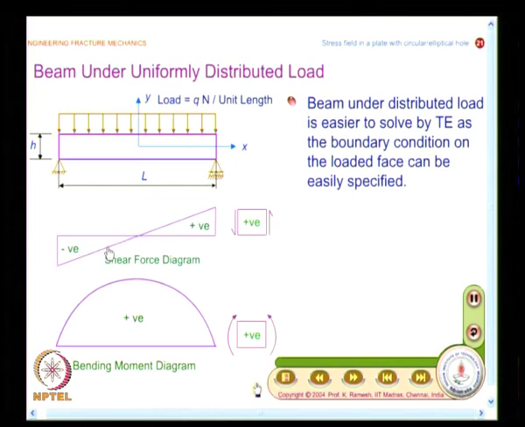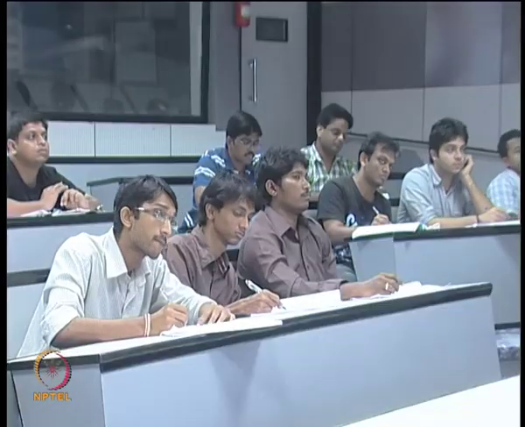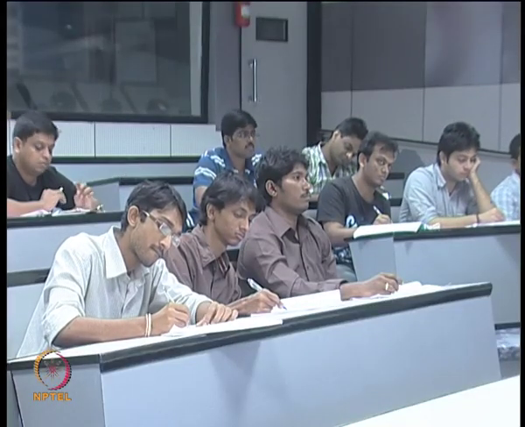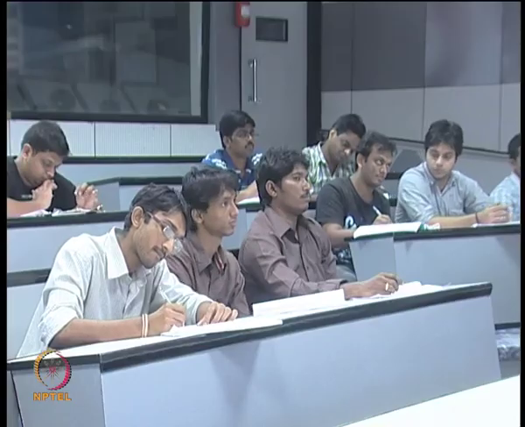It is not remaining constant. When shear varies along the length of the beam, your flexure formula is no longer valid. Flexure formula is valid only for the case of constant bending moment.